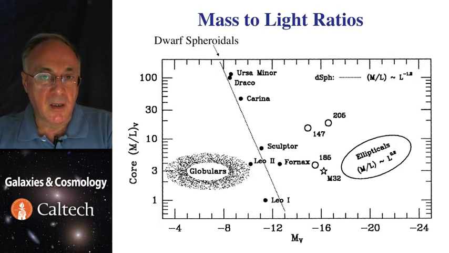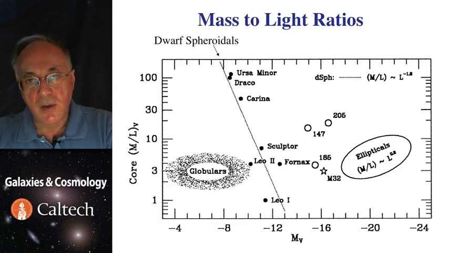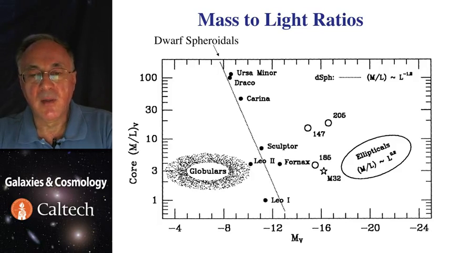And here is a really telling diagram of mass to light ratio versus luminosity. I did not plot globular clusters and normal ellipticals as individual points, just indicated where they are in this diagram. And I plot the dwarf spheroidals as solid dots and dwarf ellipticals, like those around Andromeda, as the open symbols.